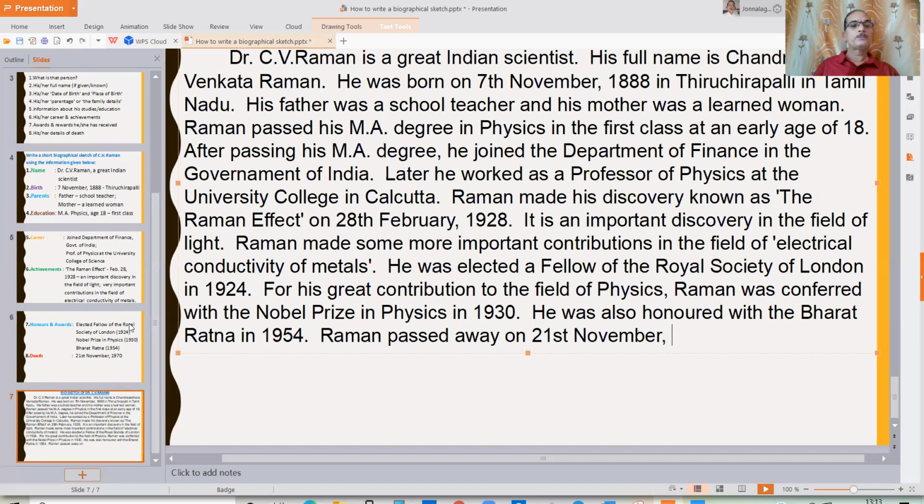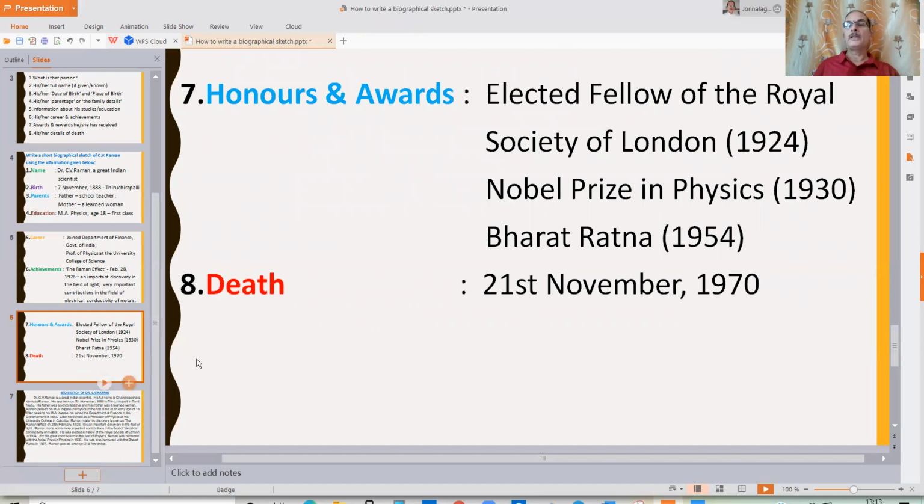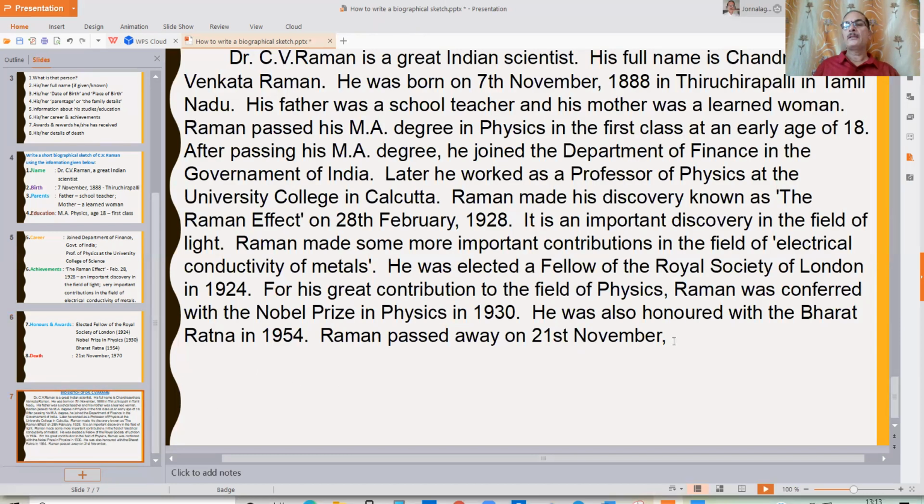In which year? In 1970. So as I have already said, if you want to mention it before a year, no need to put a comma. If you don't want to mention it, you can directly write 1970 or the year. So like this. So he was also honored with the Bharat Ratna in 1954, and Raman passed away on 21st November 1970.